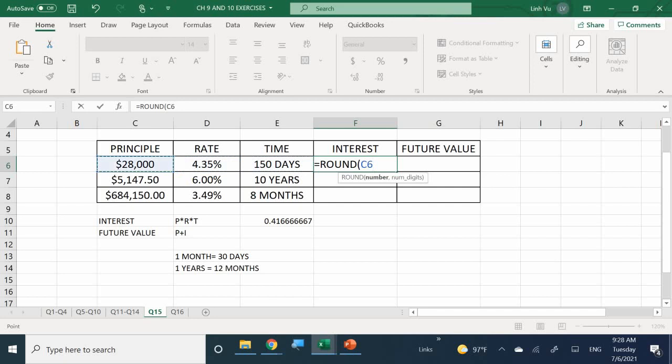I'm going to take my principal of 28,000 and multiply it by 0.0435, because that's my percentage in decimals. Then I multiply this by 5 months, but divide the whole thing by 12, because I'm only focusing on 5 out of the 12 months. Comma 2. And what should I get for my interest?